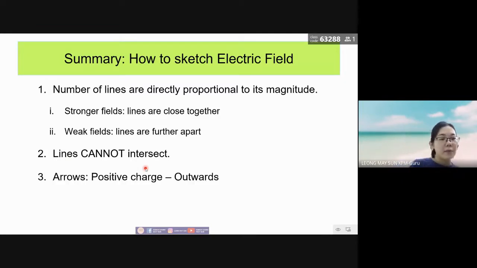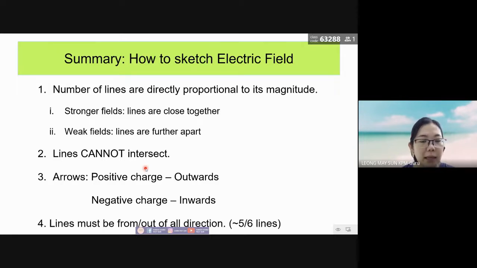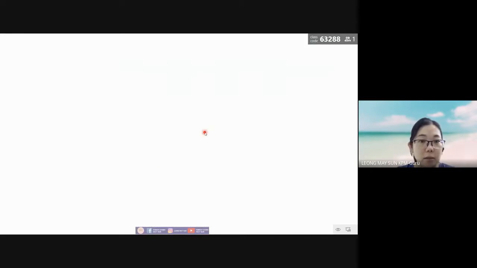For the arrows, the direction of the electric field for a positive charge is moving out. For a negative charge, it is moving inwards. That is how we sketch an electric field. And the lines must be from or out of all directions. In a short while, again, I will mention to you how it looks like.